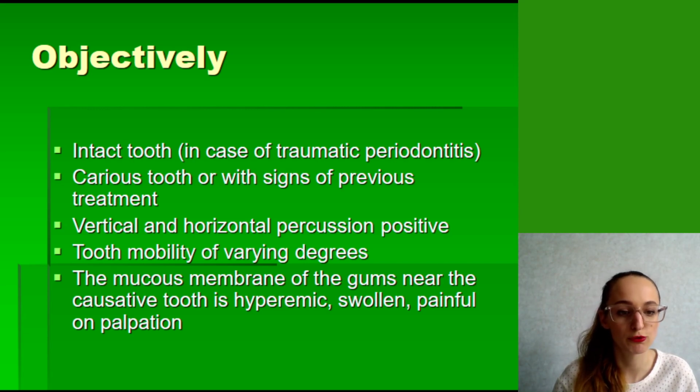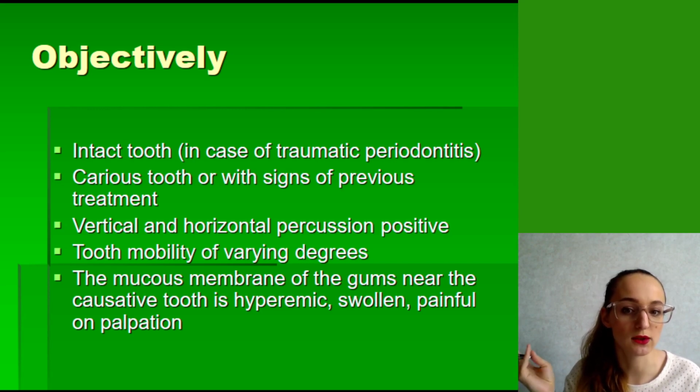So when we have, for example, traumatic factors of periodontitis, in this case the tooth will be intact. Carious tooth or with signs of previous treatment. Vertical and horizontal percussion can be positive. Tooth mobility of one to two degrees, and the mucous membrane of the gums near the causative tooth is hyperemic, swollen, and painful on palpation.